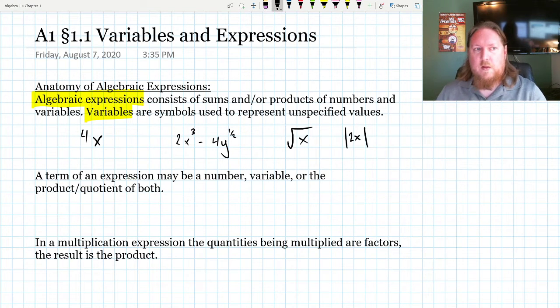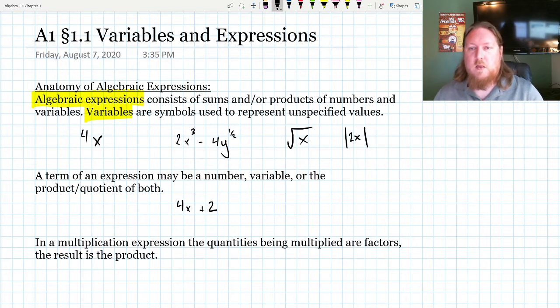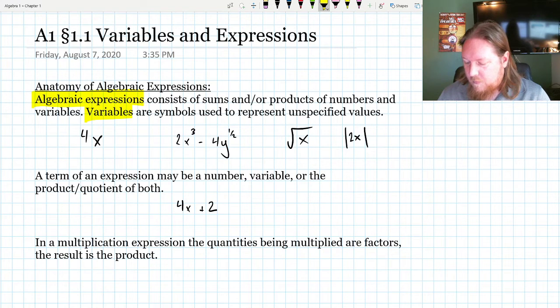When we have a combination of them, like 4x plus 2, that is an algebraic expression, but each of the parts actually has a name as well. So the 4x is actually the variable term.